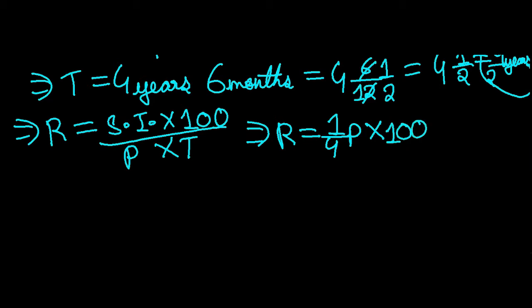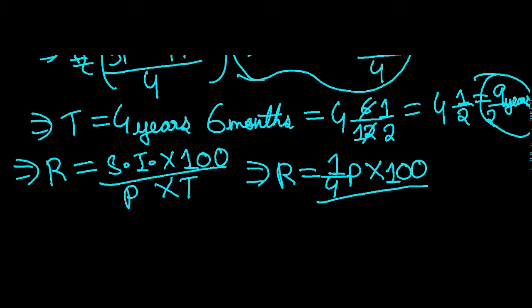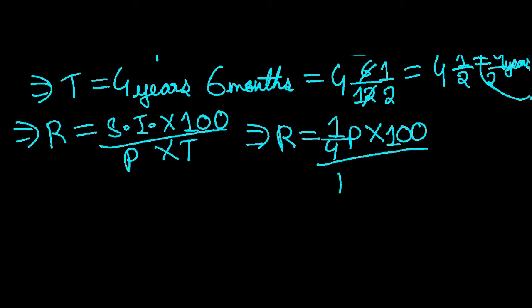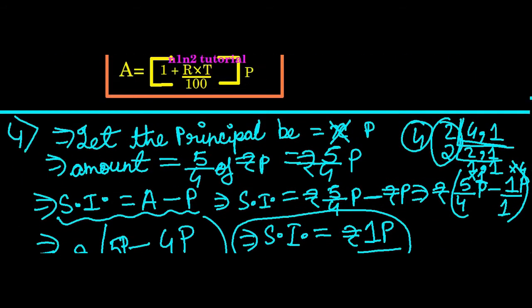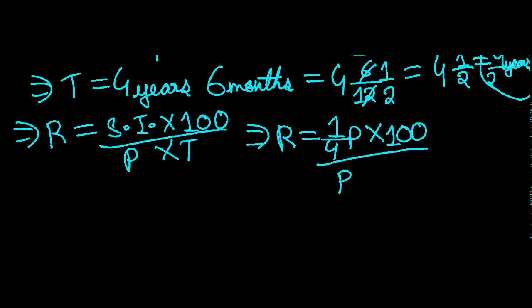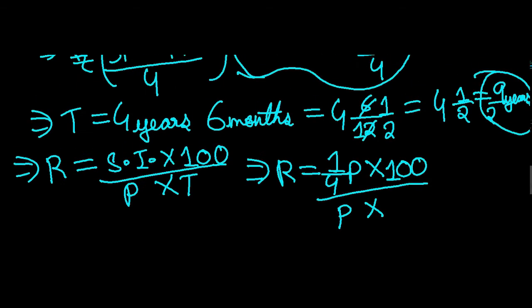So 1 by 4 P into 100 by P into T. The principal is P as we wrote it here. Let the principal be P. We do not have to consider it as X. P into T. The time is 9 by 2 years. So we will write 9 by 2 here.